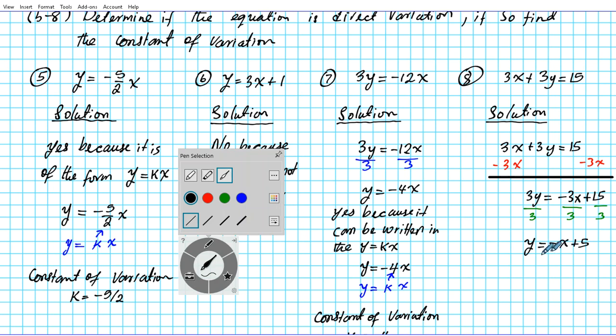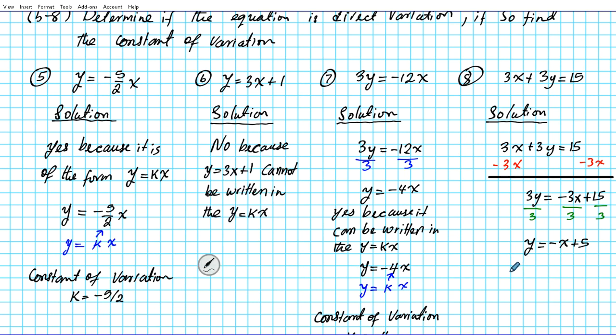Now, is this in the y equals kx form? The answer is no. So this is not a direct variation because y equals negative x plus 5 cannot be written in the y equals kx form.